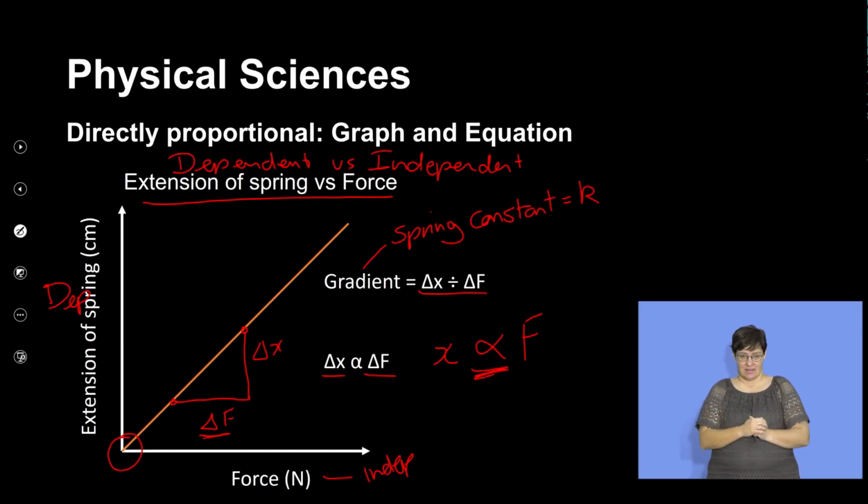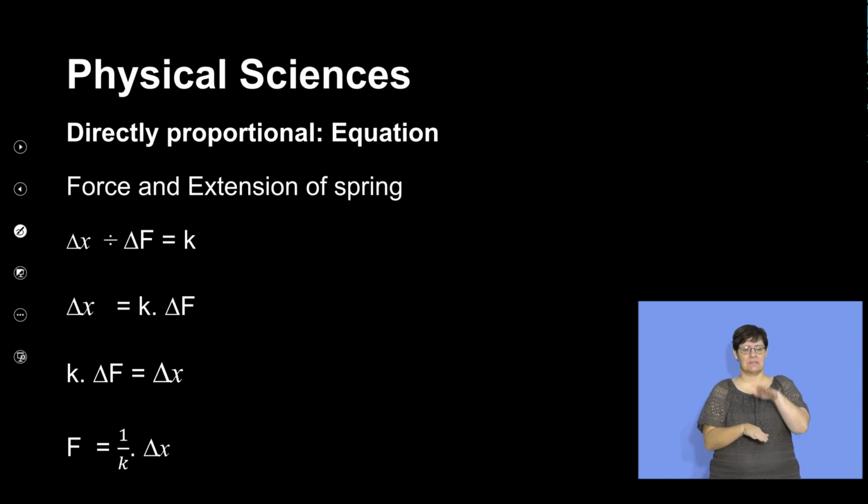So if we're going to put dependent, independent, and the constant together to make an equation, well, that shouldn't be too difficult. Let's see how we can do it. We're going to take it one step at a time. We know that the delta x, the extension, divided by the force is going to be the constant.